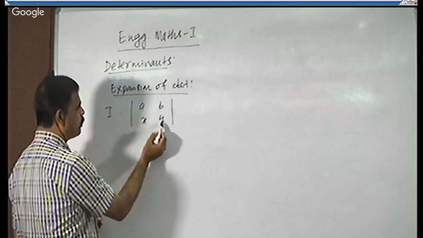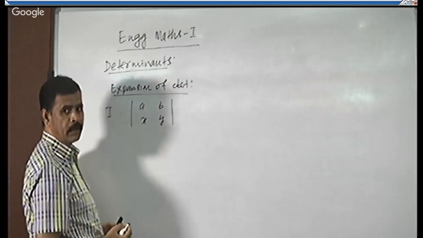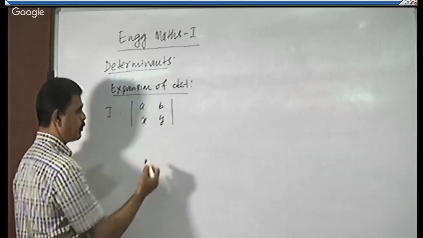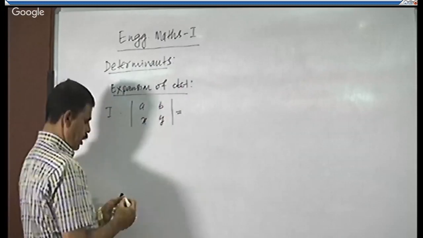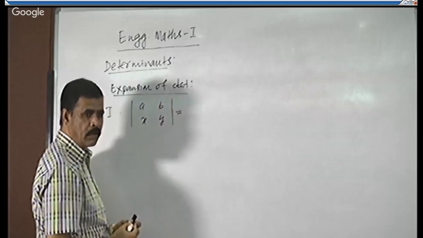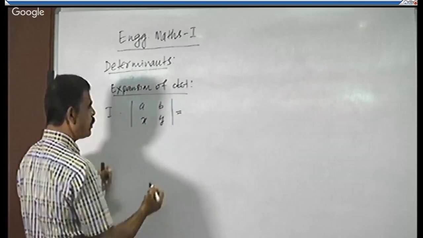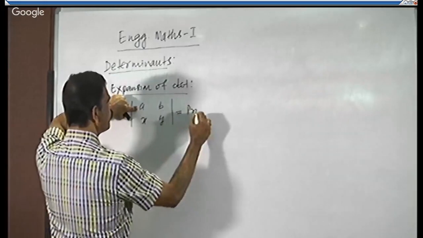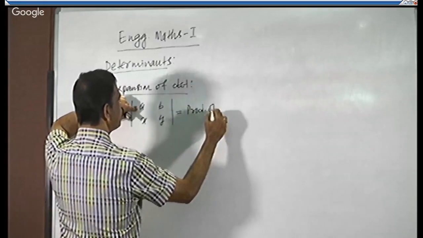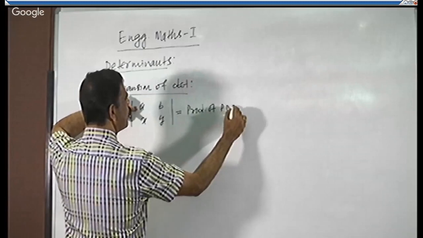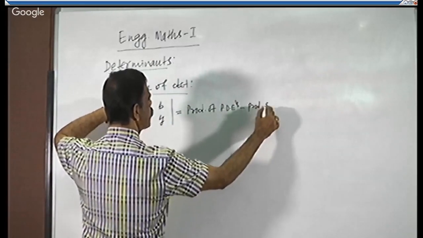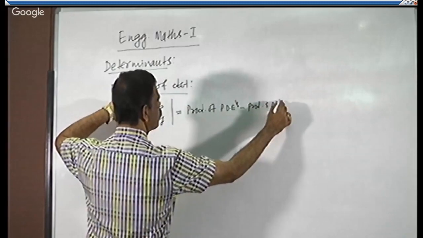I call these two elements the principal diagonal elements and these two elements the secondary diagonal elements. The value of any second order determinant is always equal to the product of principal diagonal elements minus the product of secondary diagonal elements.